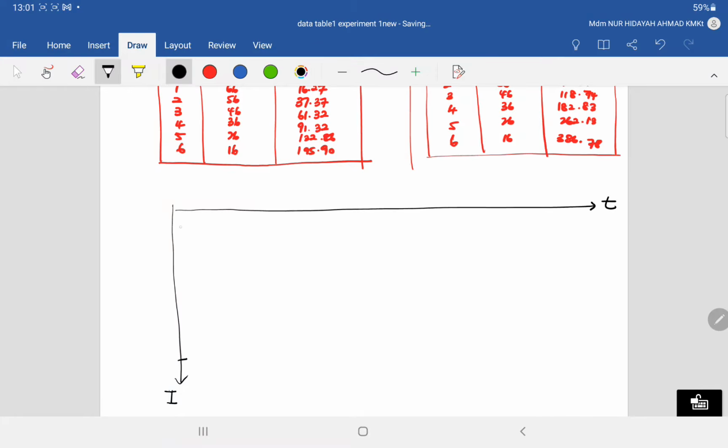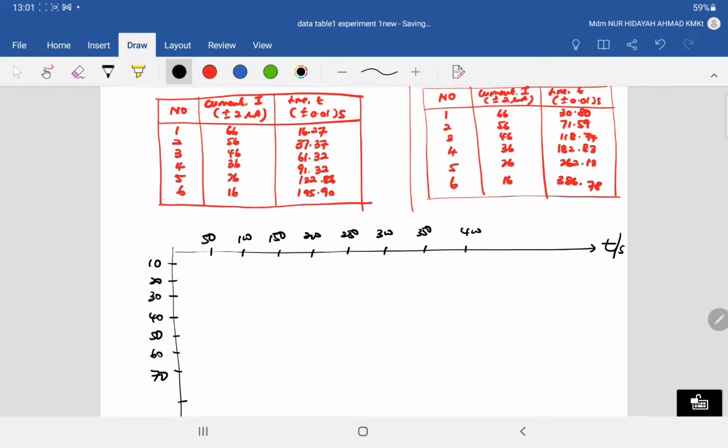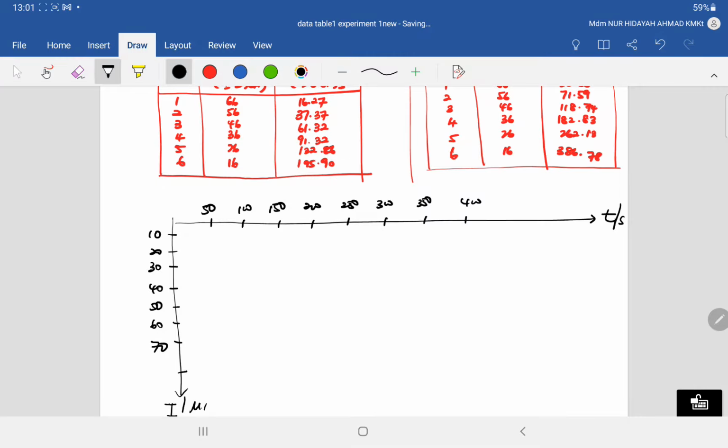So we have 10, 20, and so on. T is in seconds and I is in microamperes.